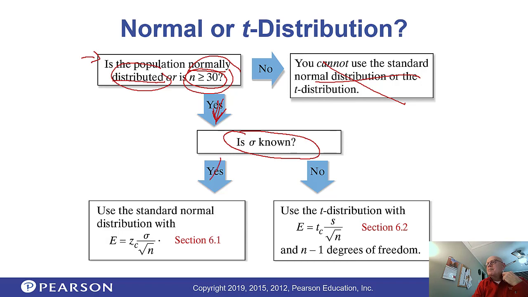If it is, then we're going to work with Z, the Z distribution, the standard normal distribution. If it's not known, if this is unknown, we're going to go this way and we'll use the T distribution and degrees of freedom.